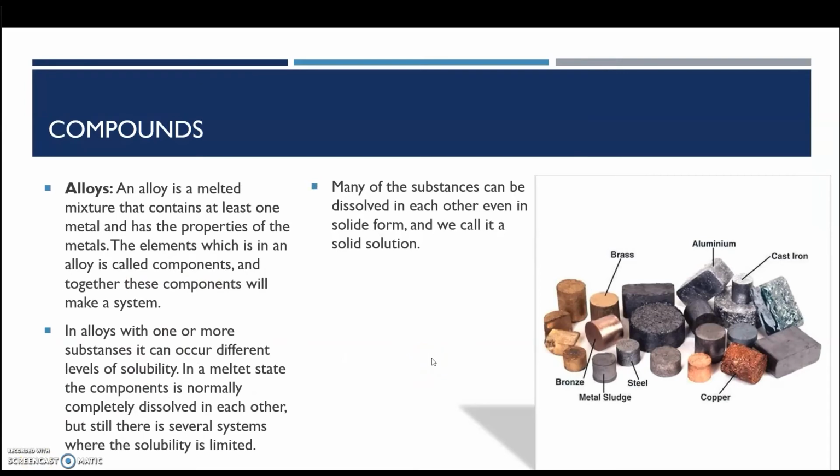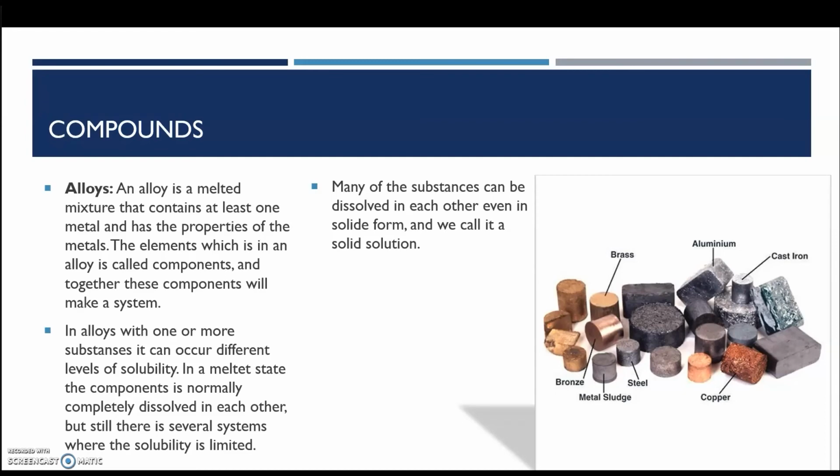An alloy is a melted mixture that contains at least one metal and has the properties of the metal. The elements which are in an alloy are called components, and together these components make a system. In alloys with one or more substances, different levels of solubility can occur.